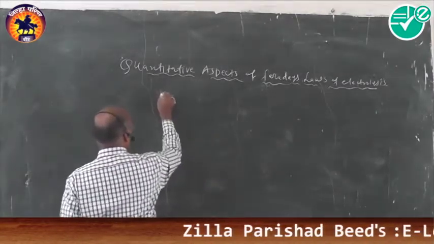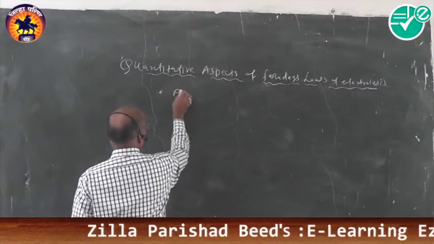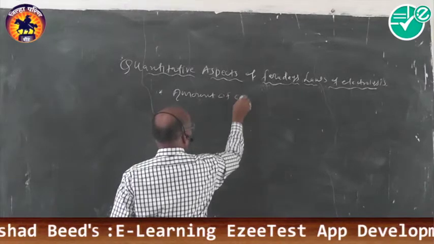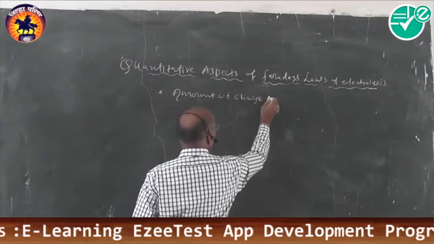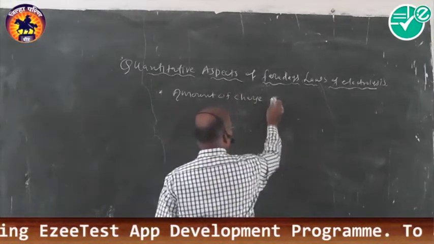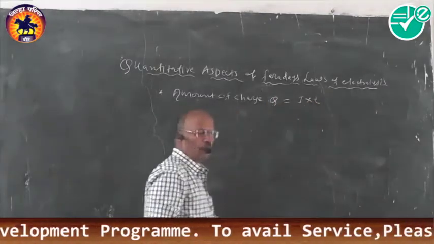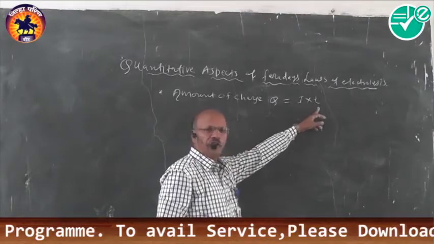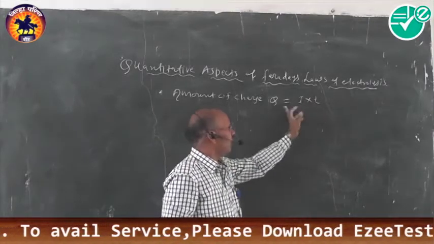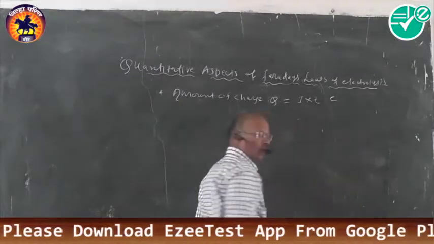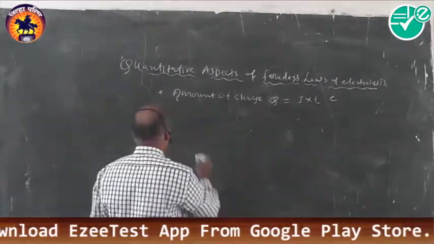At first, we can work out the amount of charge by using Faraday's law: Q is equal to I into T, where I is the current strength and T is the time. It is expressed in coulomb. Charge is the first step.